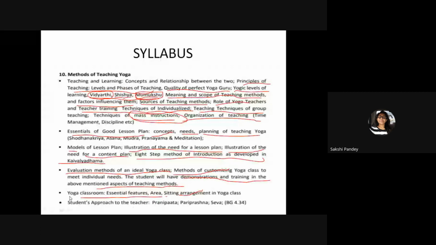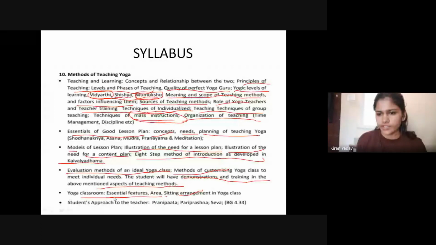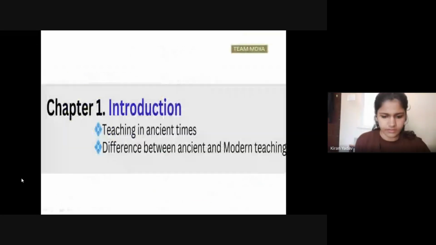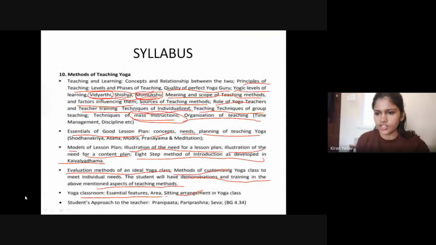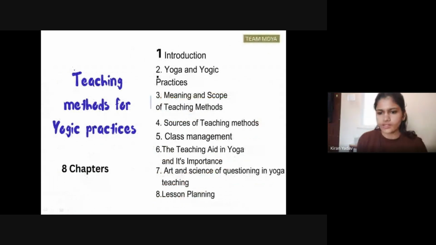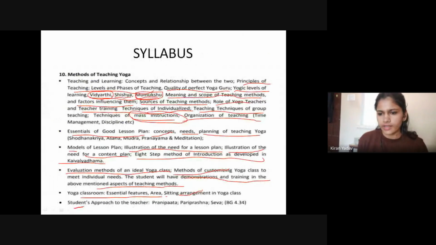So in yoga classroom, we have to study essential features of a yoga class. What should be the area and seating arrangement in a yoga class? The last topic in our syllabus is students' approach to the teacher: Pranipat, Pariprashna, Seva.